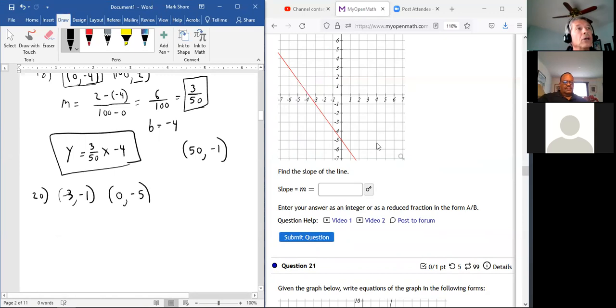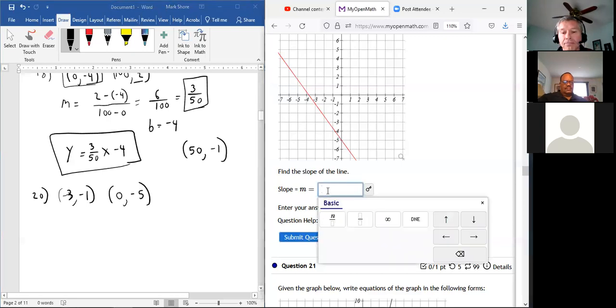And all they want is a slope. So you could use a slope formula, or we could just count. From here, we drop 4 down, 1, 2, 3, 4, and we run 3. 1, 2, 3. So it looks like it's -4/3.